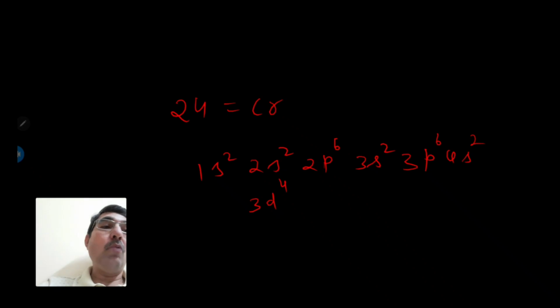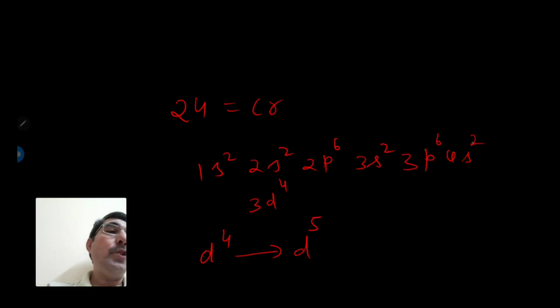So you can see, count: 2 and 2 is 4, and 6 is 10, and 2 is 12, and 6 is 18, and 2 is 20, and 4 is 24. So it seems correct according to the sequence s, s, p, s, p, s, d. So the sequence is coming, but what exception I told you, wherever d4 is there, it needs to be changed into d5. So this d4 needs to be changed into d5.